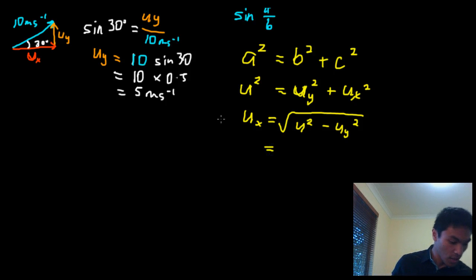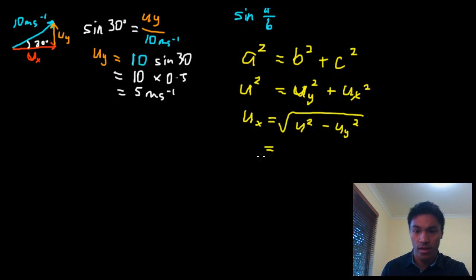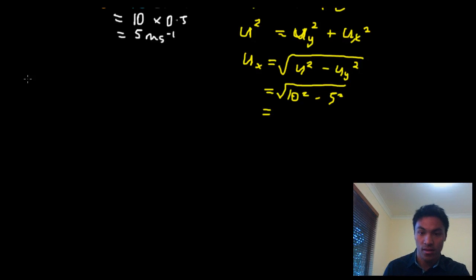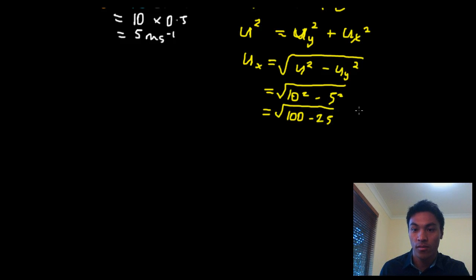So if we do that math, it should end up being the square root of 10 squared minus 5 squared, which equals the square root of 100 minus 25, which is the same as the square root of 75, which should end up being, I believe, 8.66.